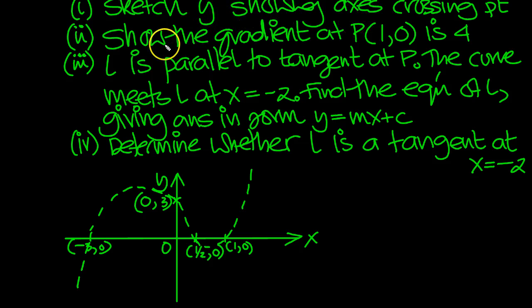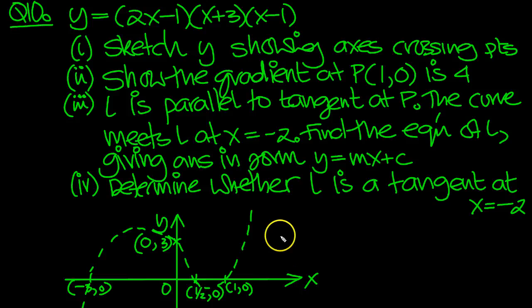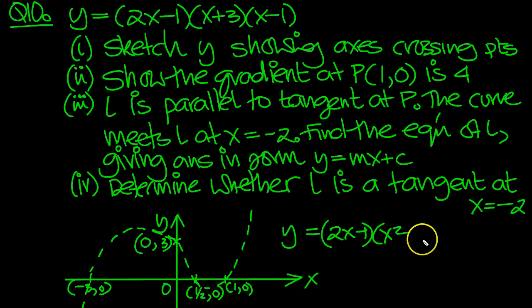Sketch of y showing the axis crossing points and the coordinates we've done. Now show that the gradient at P (1, 0) is 4. So here we've got y equals (2x minus 1)(x squared...). Expand the bracket then: x squared. Let's do these two, it's easy to do. Minus 1 plus 3 is plus 2 lots of x, and then 3 times minus 1 is minus 3.